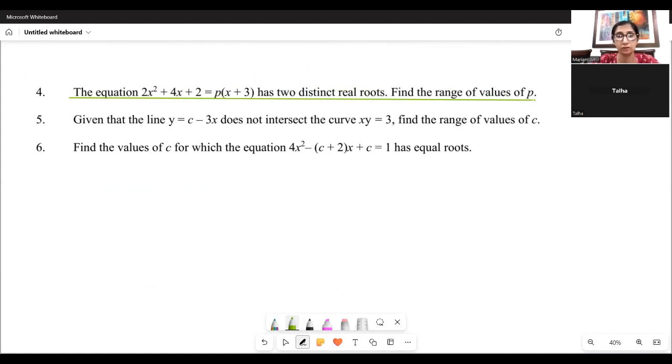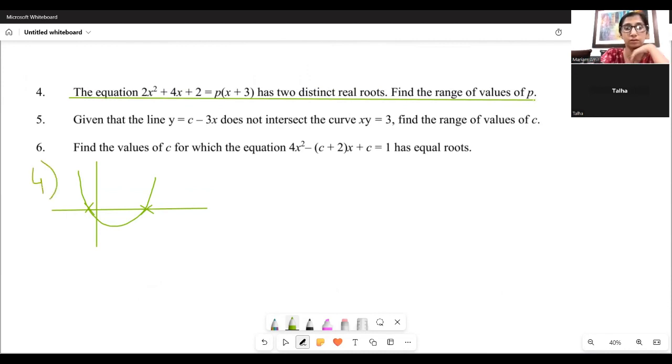Find the range of values of p. Okay. Two distinct real roots means two different answers of the quadratic equation. That means this is what the curve looks like. It has two solutions. And what is the property of discriminant when a quadratic equation has two solutions?